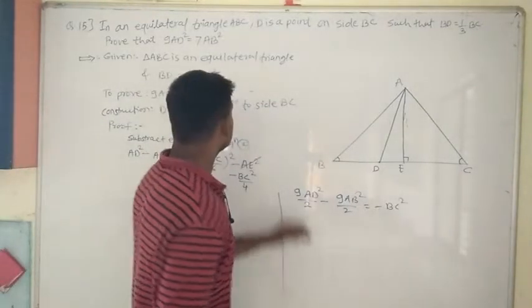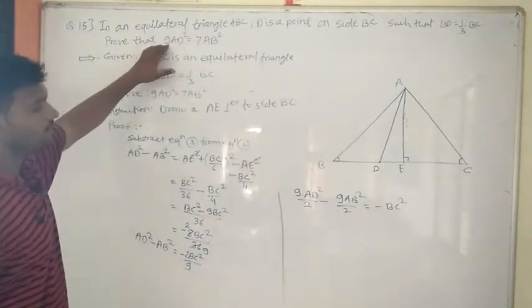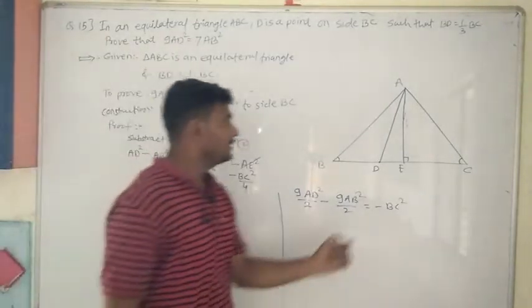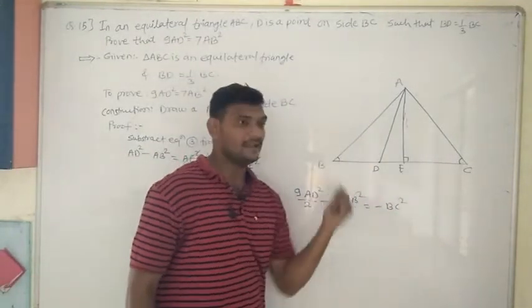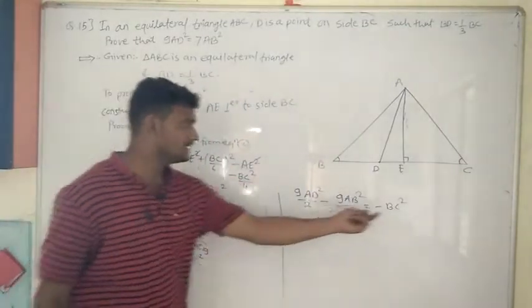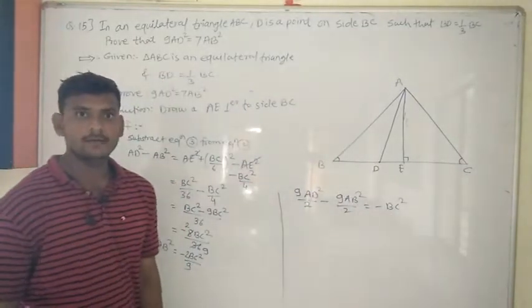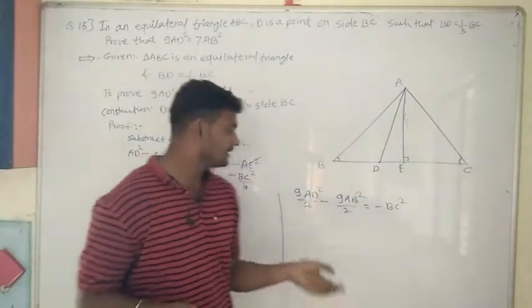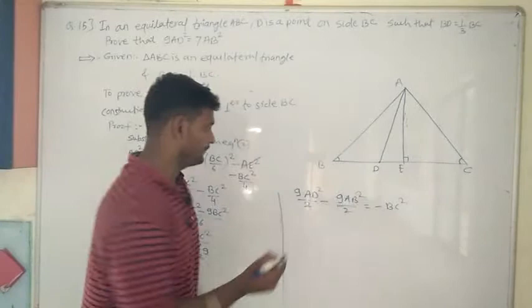Now, what do we want in the proof? In the proof we want AD square is equal to 7 times AB square. Now, see here, can I write BC is equal to AB? Why? Because it is an equilateral triangle. BC is also equal to AB and also equal to AC. Therefore, we will write BC is equal to AB.